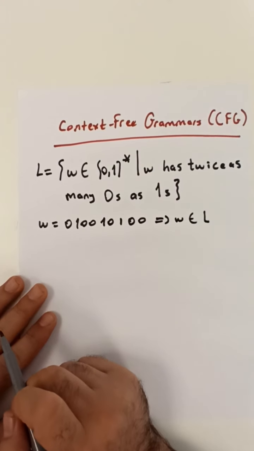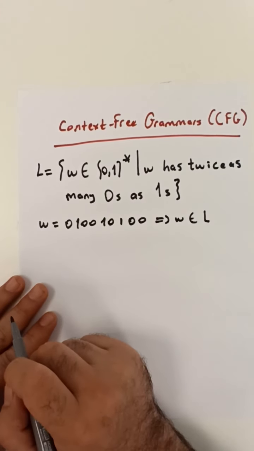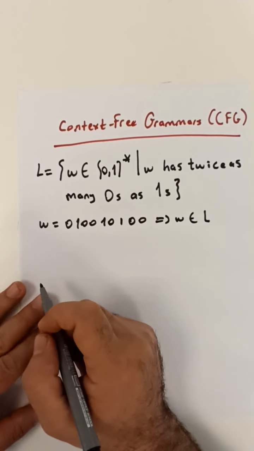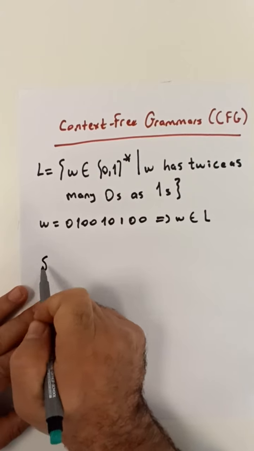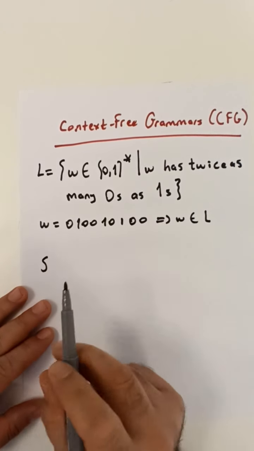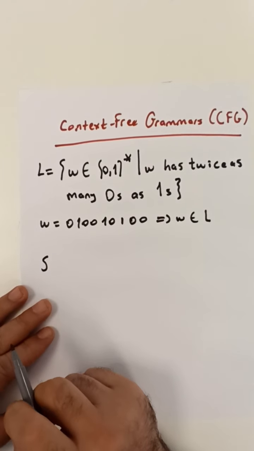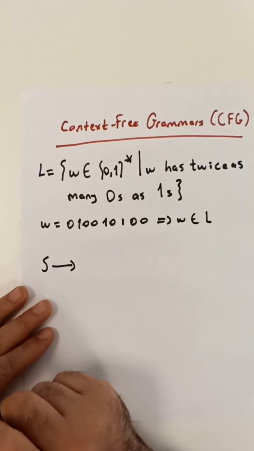Now, can we design a context-free grammar G for this given language L? As usual, let's start with our starting variable S. Remember, we were heavily trying to make use of principles of induction while designing our grammar. First of all, we need to provide rules corresponding to the basis of our induction.